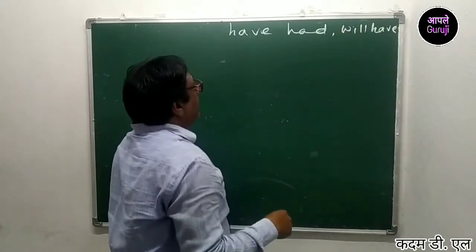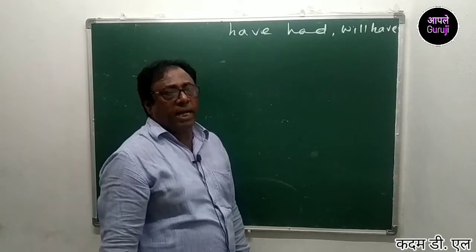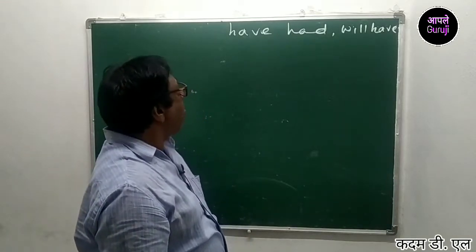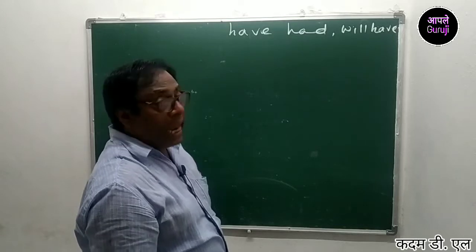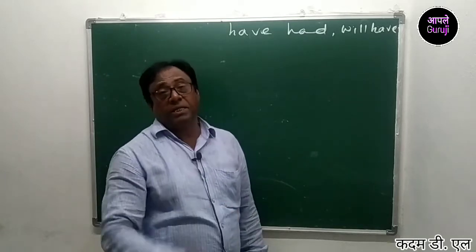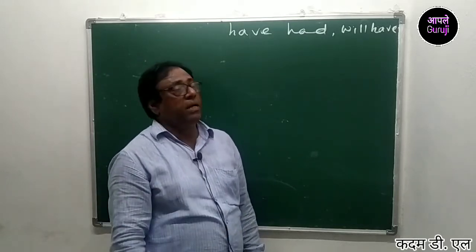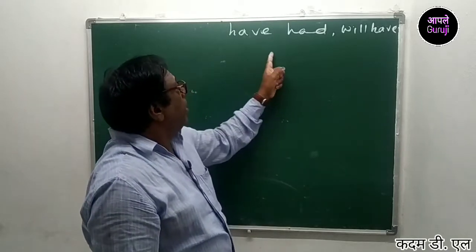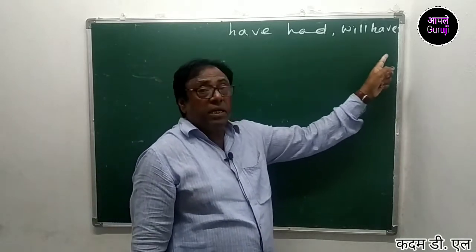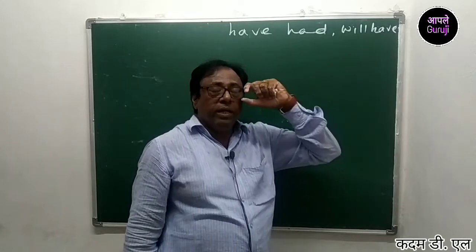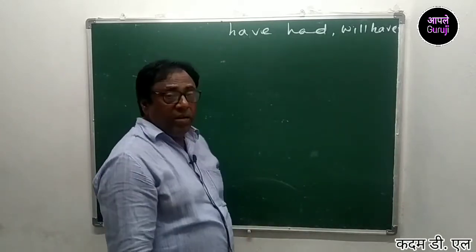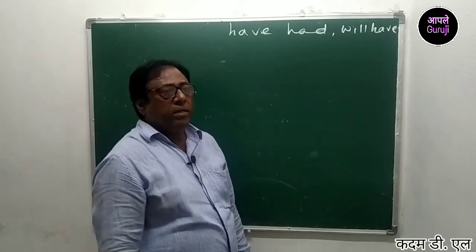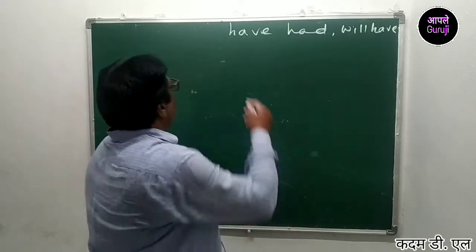Now, based on this we have to ask some questions. What? Have, had and will have. This is the basic structure. I am going to take the basic structure for 3-4 periods, or 5-7 periods, and then we shall turn to our main subjects, means topic.